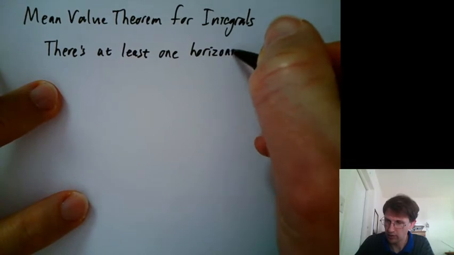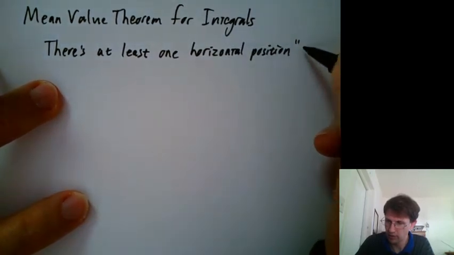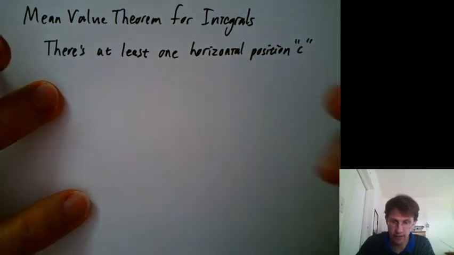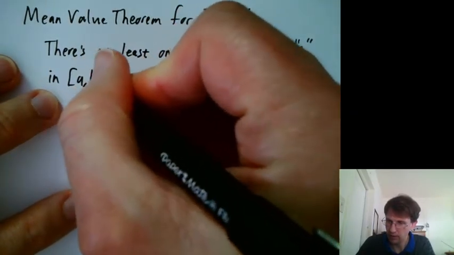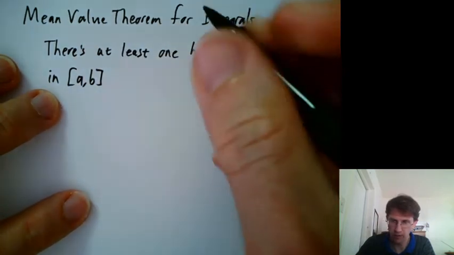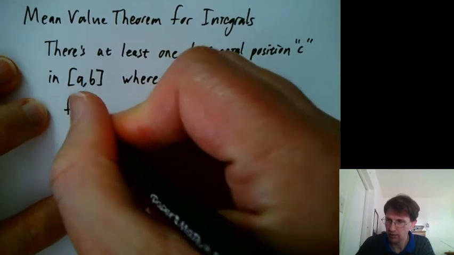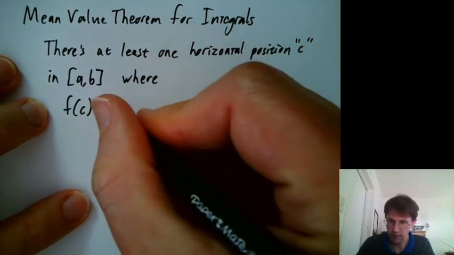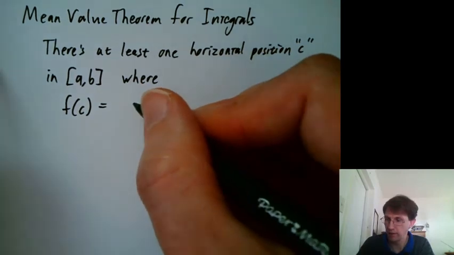So at least one horizontal position, and we're going to call that C, in the range we're talking about, or the domain we're talking about, where the function at that horizontal position is equal to the average value of the function on that interval.